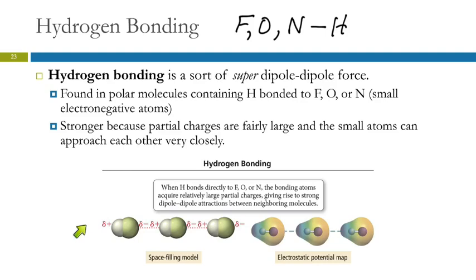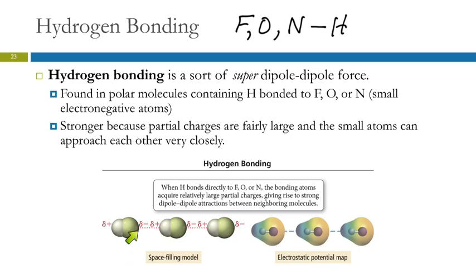So here we have an illustration of, I think this is an HF molecule, so a hydrogen-fluorine bond. So these partial charges are larger, closer to a full charge than in another sort of bond, maybe phosphorus-hydrogen or something.